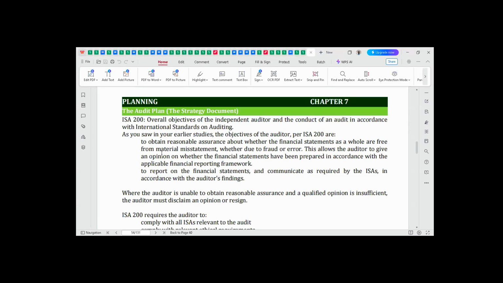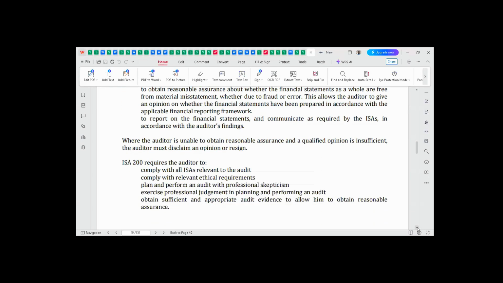Now, ISA 200 also expects the auditor to ensure that he complies with all international standards of auditing relevant to the audit. Being fully aware that it is not all the international standards of auditing that are relevant to the audit. For instance, ISA 600 is on group audit.